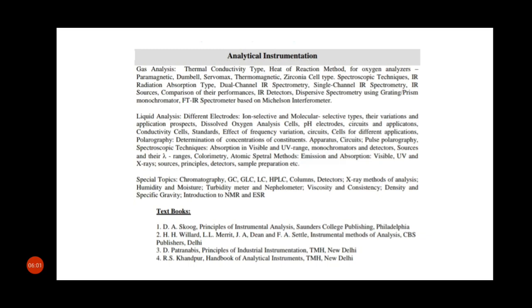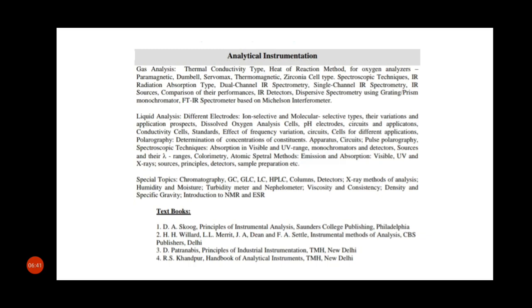In spectroscopic technique we will read IR radiation absorption type, dual channel IR spectroscopy, single channel IR spectroscopy, IR source, comparison of their performance, IR detector, dispersive spectrometry using grating or prism monochromator, FT IR spectrometer based on Michelson interferometer.